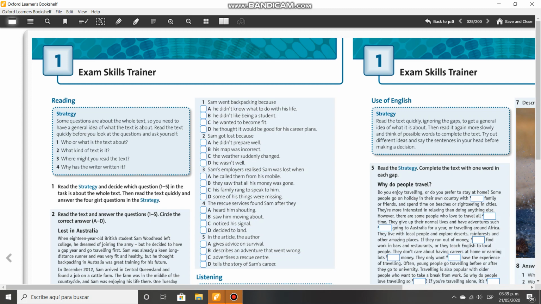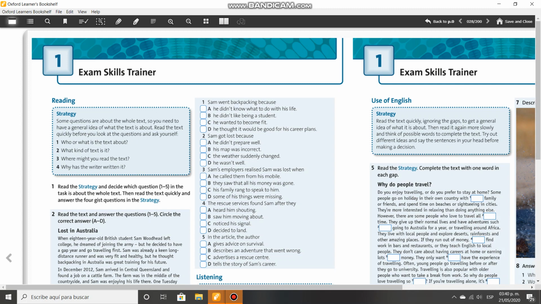And it says, read the strategy and decide which questions 1 to 5 in the task is about the whole text. Then read the text quickly and answer the 4 questions in the strategy. So first, you have 5 questions on your right. Here are the questions, okay? It says, decide which questions 1 to 5 in the task is about the whole text.